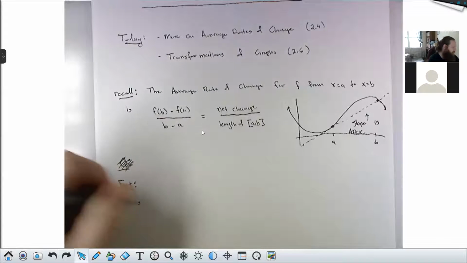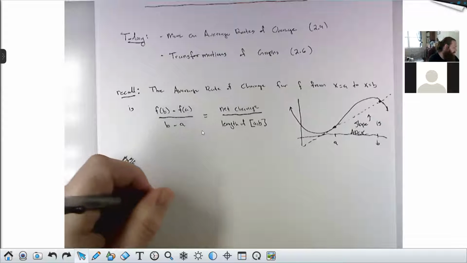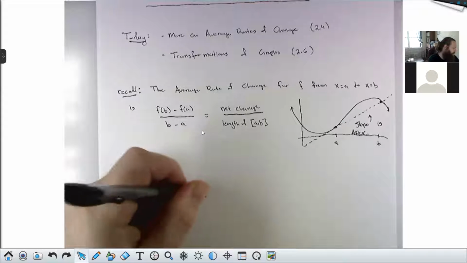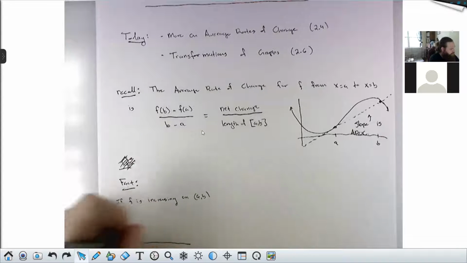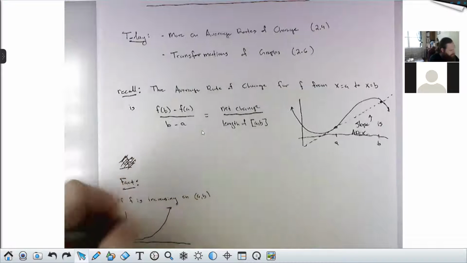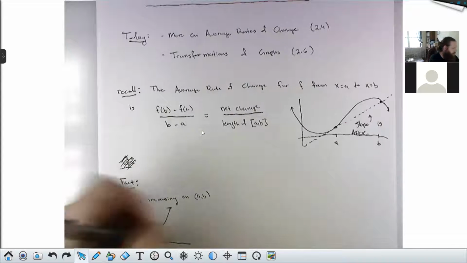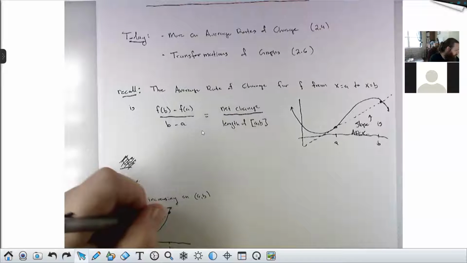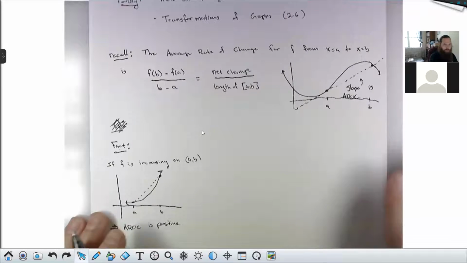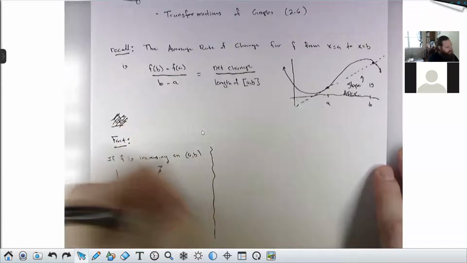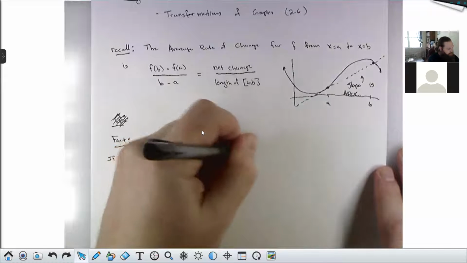If f is increasing on the open interval AB, then the average rate of change over that interval has to be positive. That's fact the first.